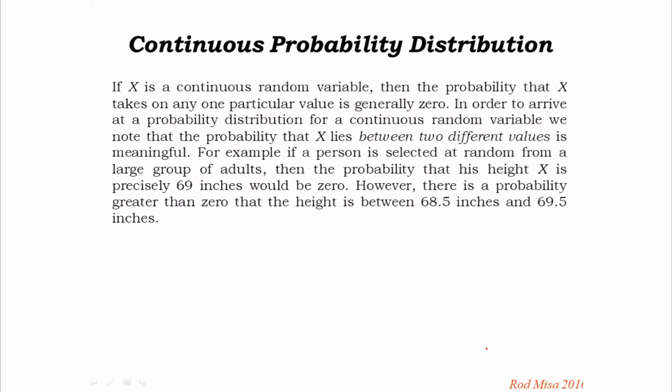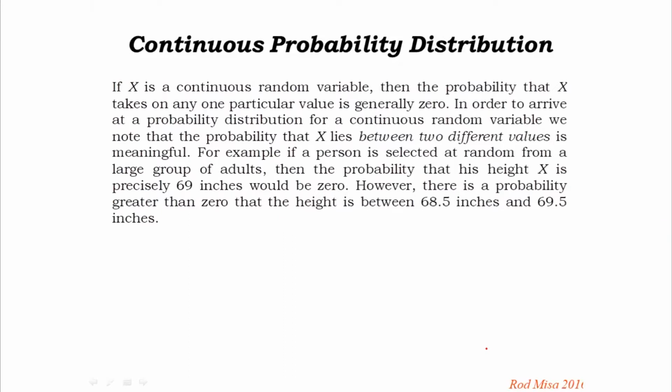For example, if a person is selected at random from a large group of adults, then the probability that his height x is precisely 69 inches would be zero here because we are talking about a continuous random variable. In other words, the probability of a specific value for a continuous random variable is zero.